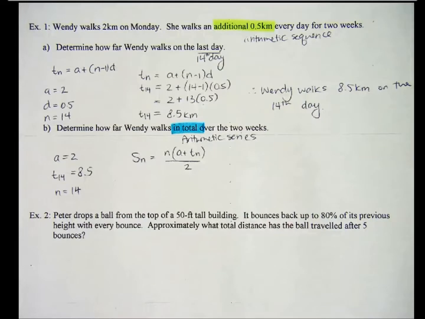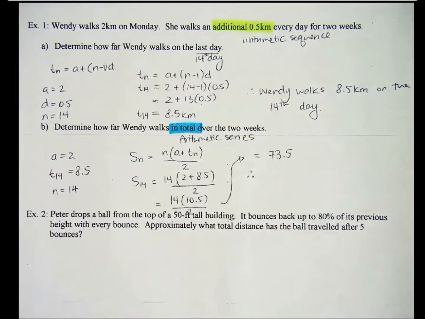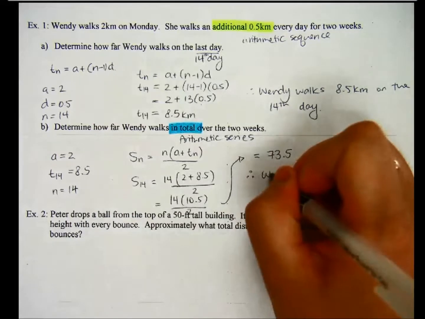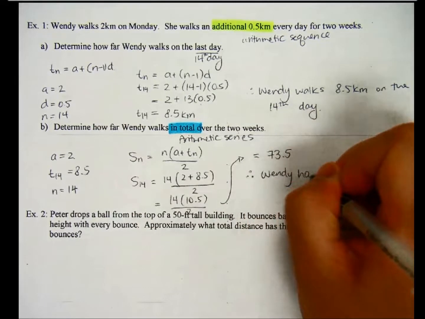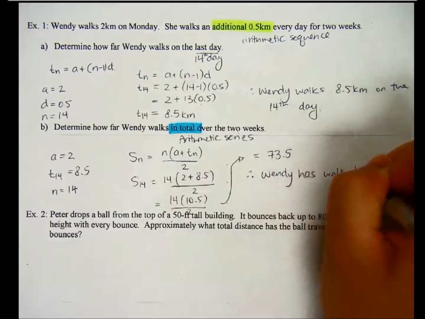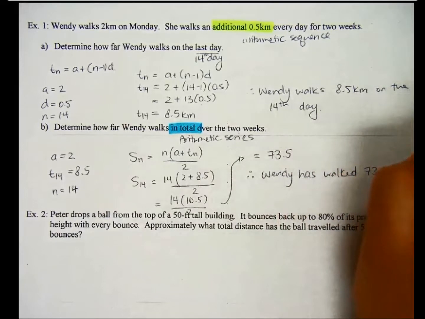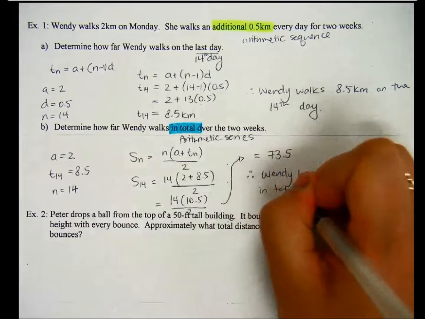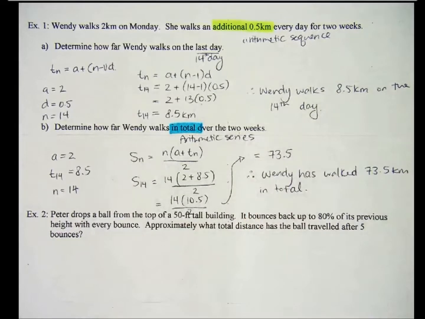So go ahead. Okay, simplify everything, and you should get 73.5 as S14. So therefore, Wendy has walked 73.5 kilometers in total. And that's it for this example. So move on to the next video for example 2.